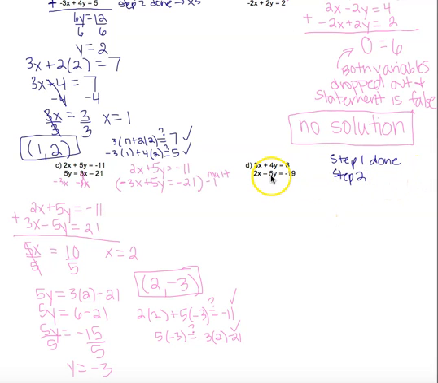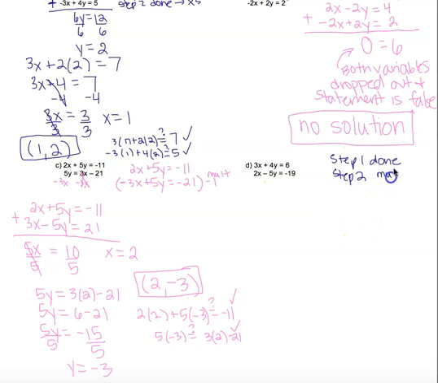So if I look at the multiples of 5: 5, 10, 15, 20. Well, 4, if I list its multiples: 4, 8, 12, 16, 20. 20 is a multiple of both of them. So I'm going to get these coefficients to say 20 and negative 20.